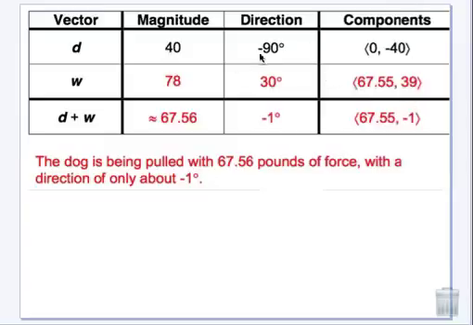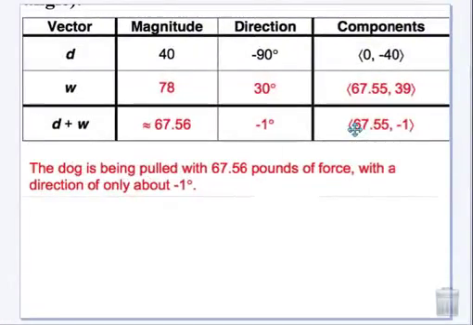Make sure you remember that after you find the components, you're going to use these components to find your direction here and your magnitude. You cannot add these together. If you add those together, you're going to get the wrong answer here. You have to use your components. Do not forget that.